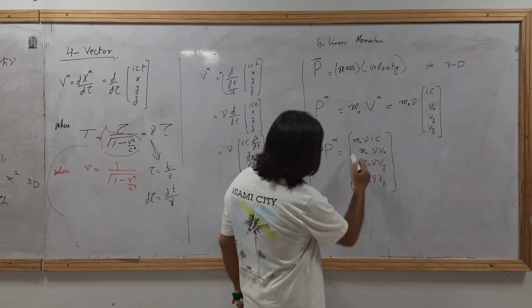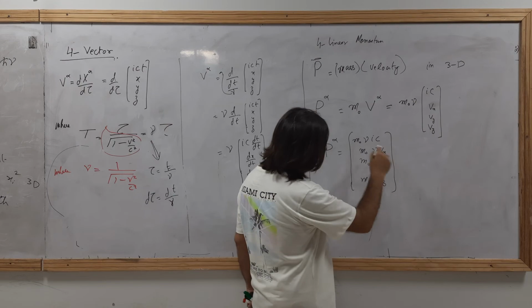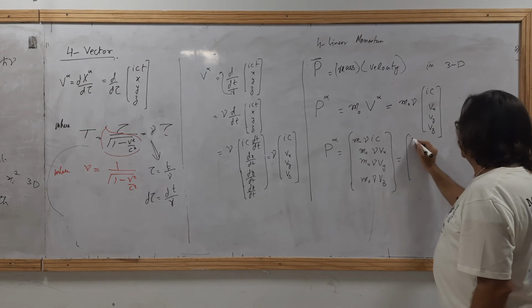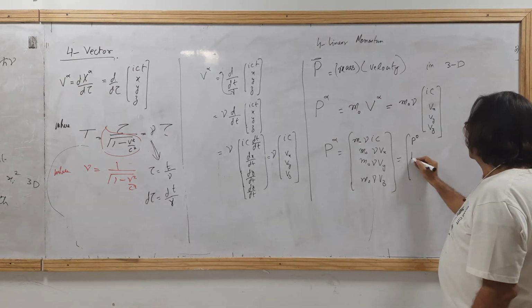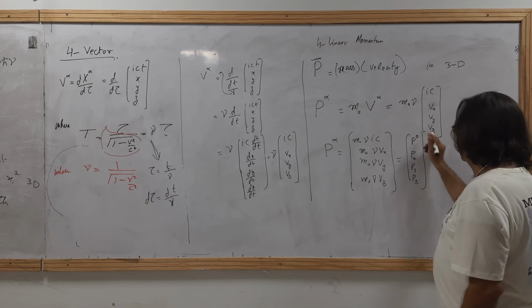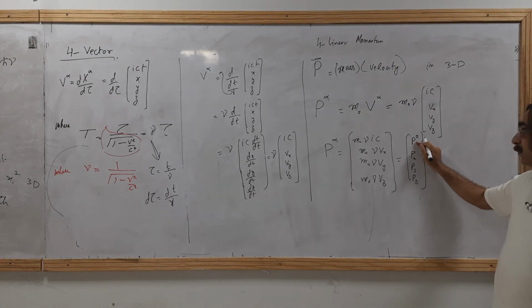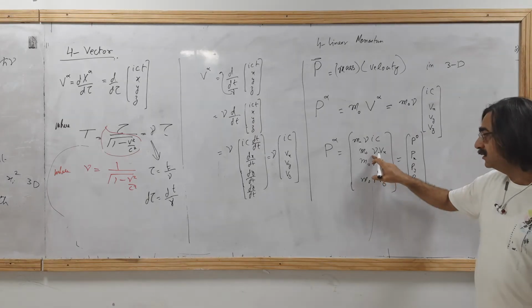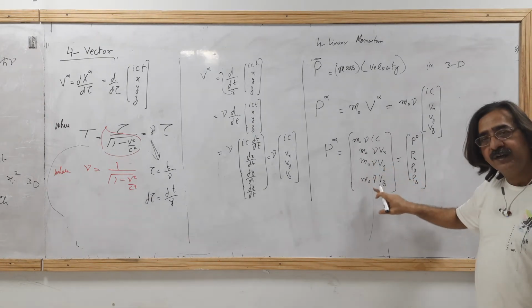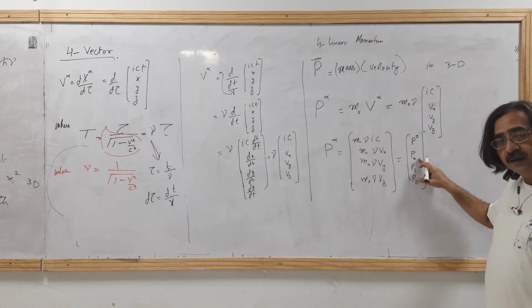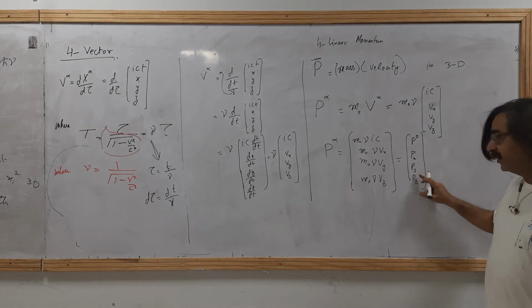The first is not a spatial component, it is the time component. Momentum का time component, linear momentum का 0 component; this is the first component, this is the second component, this is the third component. First component is defined as the x component, the second as y, and the third as z.